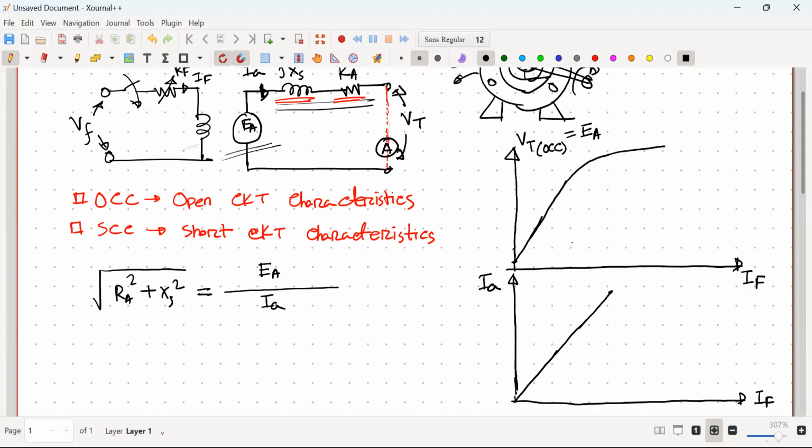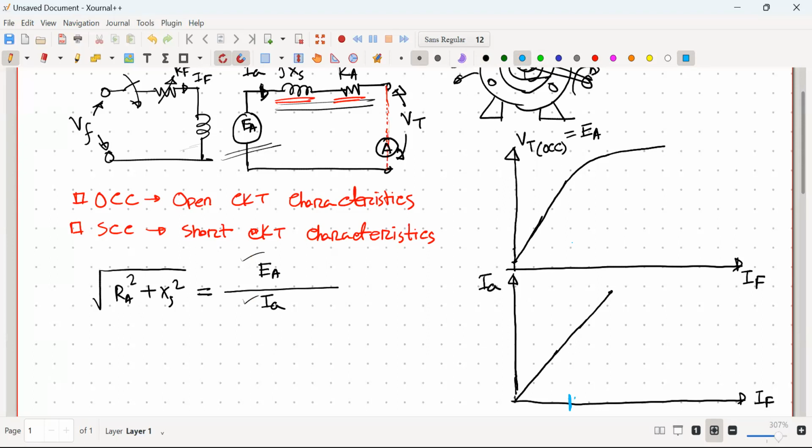Now for any particular value of IF, we need to find the value of EA and we need to find the value of IA. Now suppose for any particular value of IF, for example, this value.